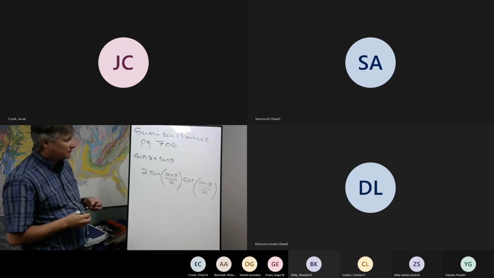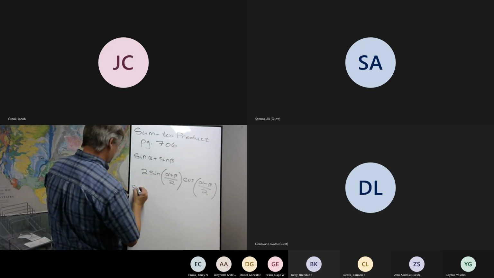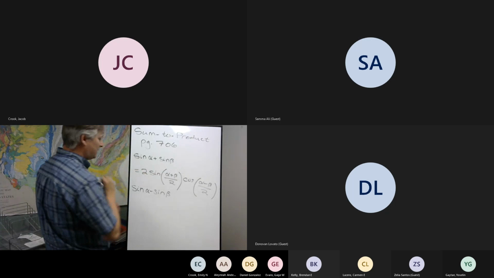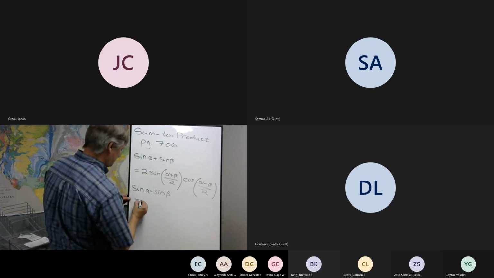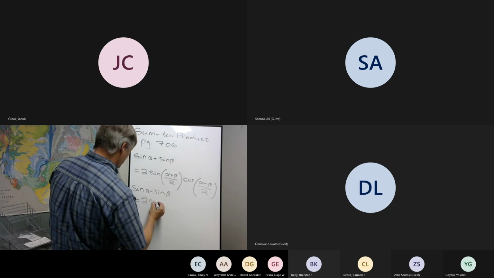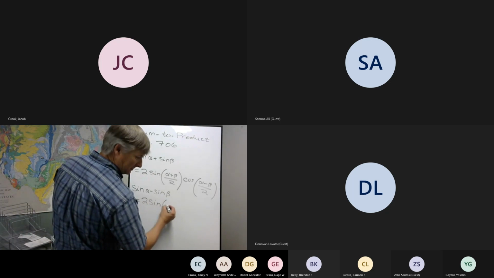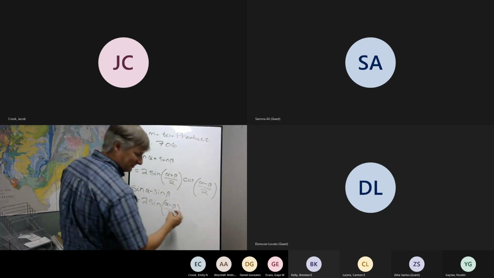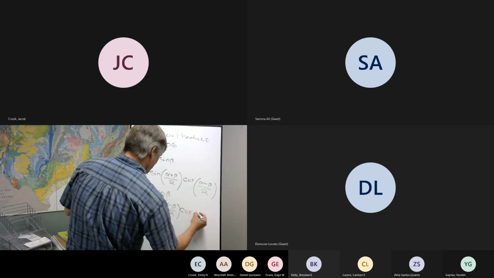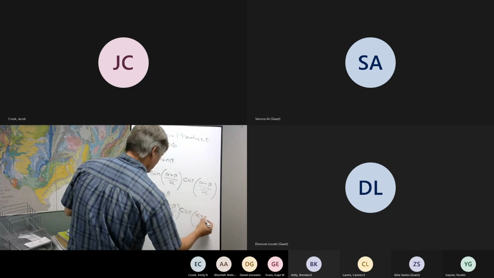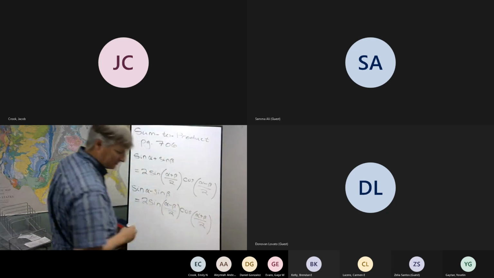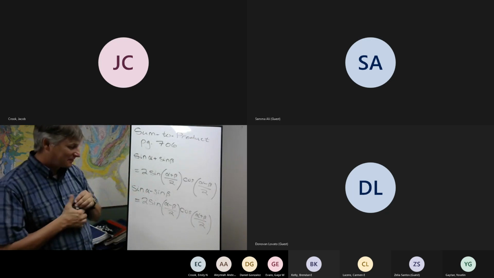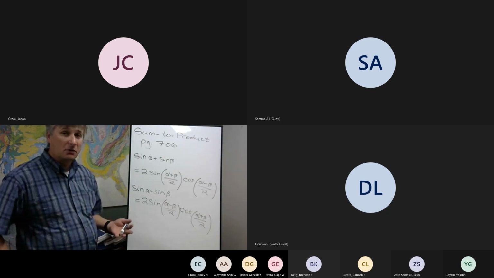So there's sine plus sine. Oh, equal sign in it. So there's our sine plus sine, our sine minus sine. And then we're going to look at cosine.